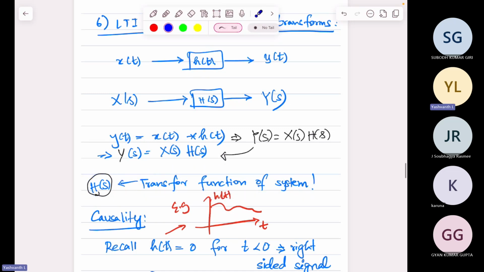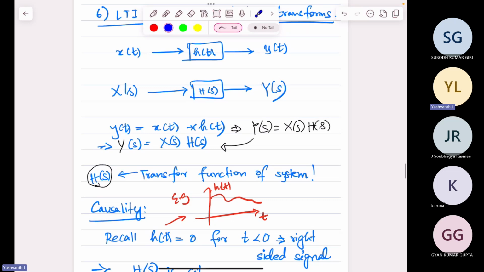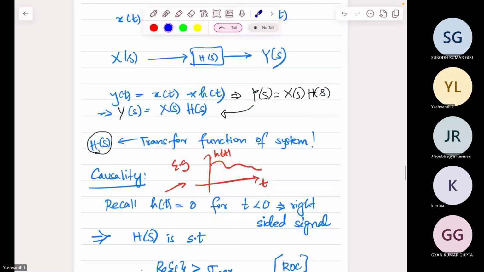Now, you remember, we characterized the causality, stability and memorylessness of an LTI system by characterizing its impulse response. For example, the impulse response should be right-sided in order for a system to be causal. We characterized those systems using the impulse response.